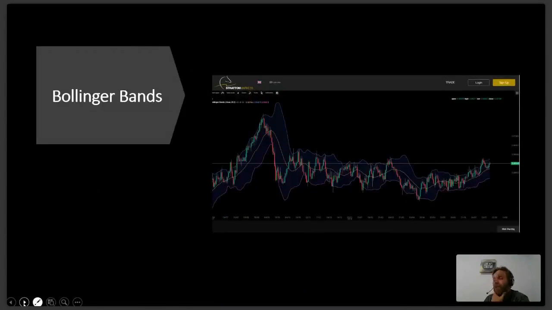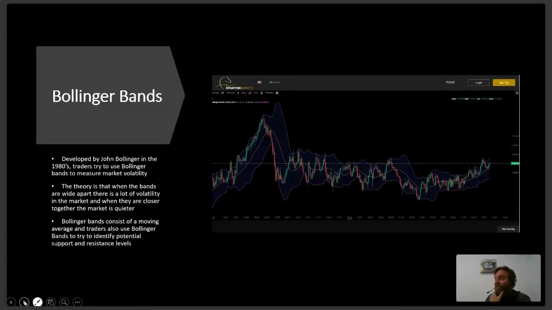Bollinger Bands. This is another very popular, very keen indicator which is used. Now, Bollinger Bands, again, they're incredibly creative with these names, was created by a chap, surprise, surprise, called John Bollinger in the 1980s.